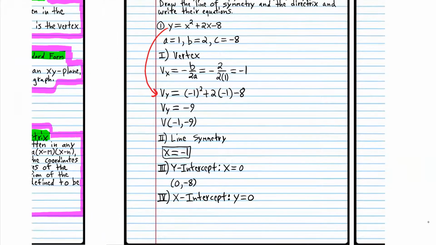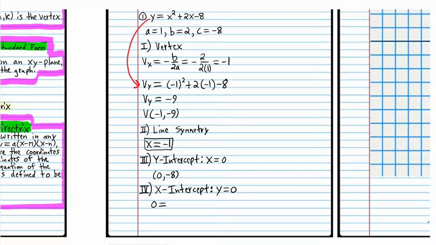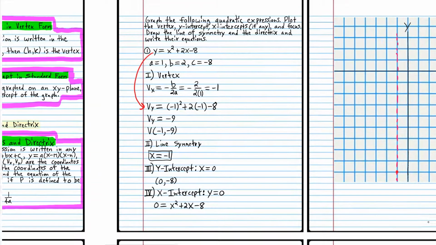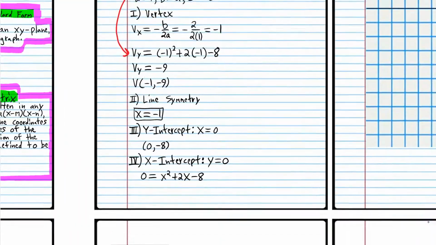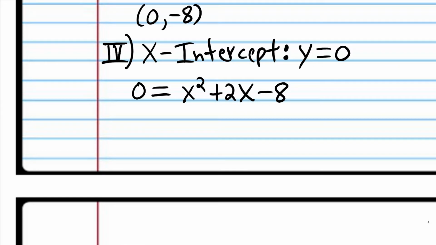So we're going to take that original equation and rewrite it, but we're going to let y equal 0. x squared plus 2x minus 8. And so now we have to solve that equation, but that's a special equation. That's a quadratic equation. And so we can't solve it with the normal methods.